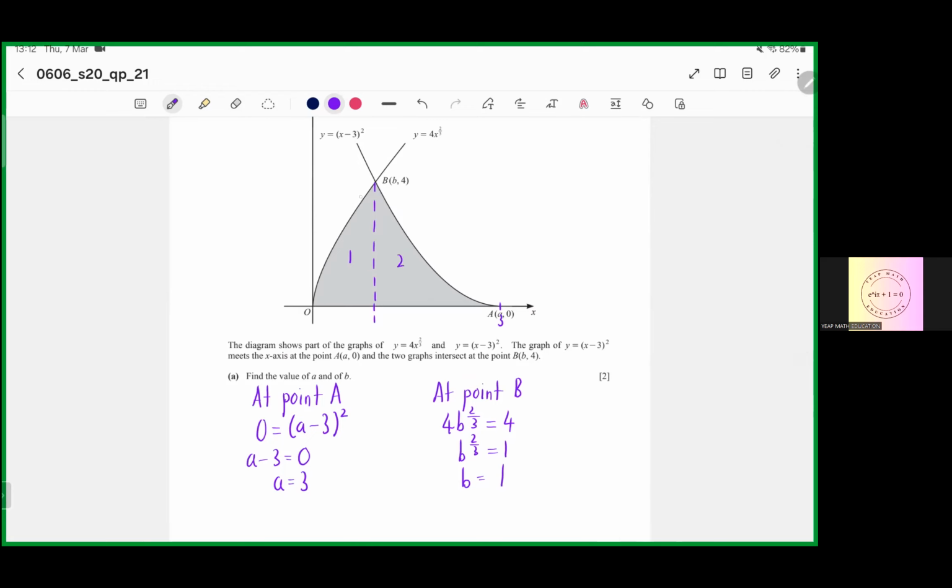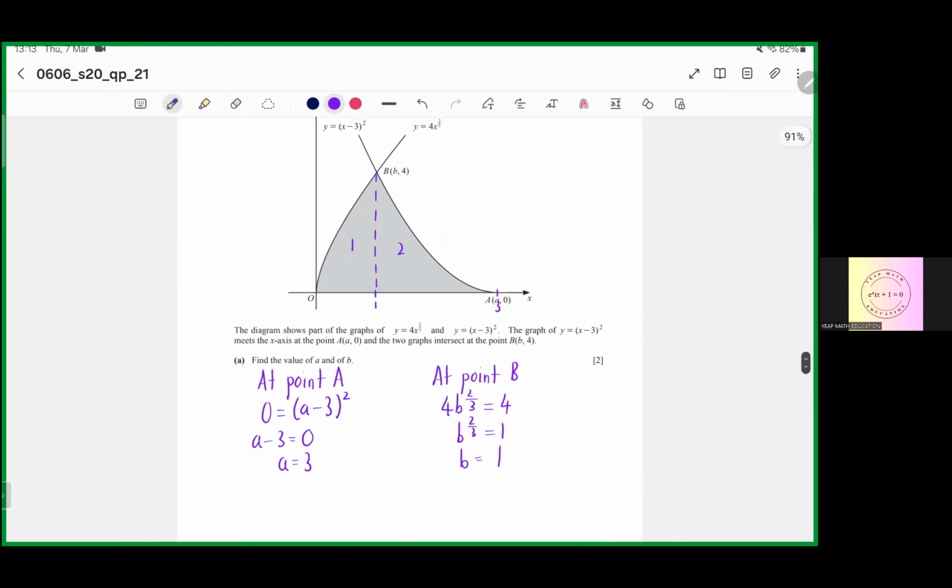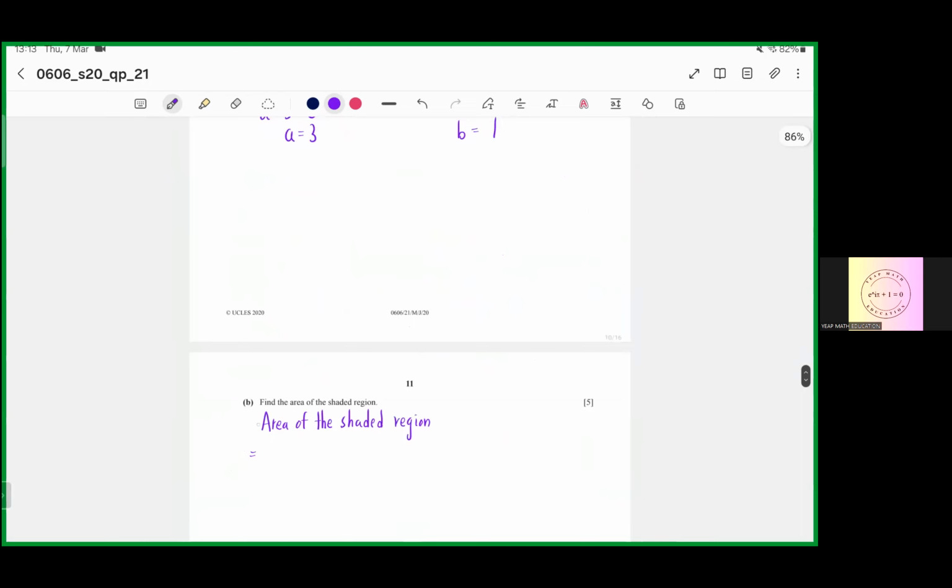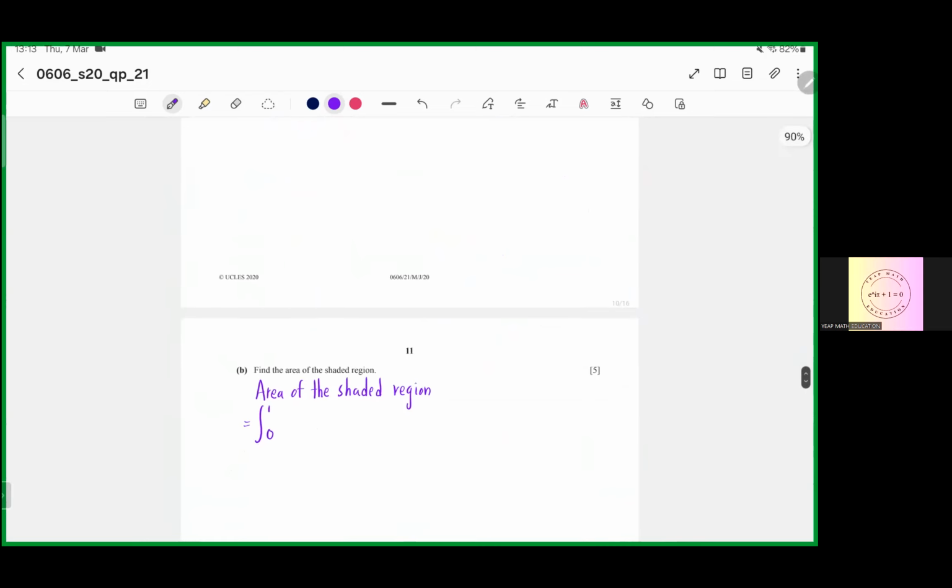For the first part we use this curve, and for the second part we use this curve. This is why I separated it into two parts. Now I start to integrate from 0 to 1, 4x to the power of 2 over 3 dx, plus from 1 to 3, (x minus 3) squared dx.